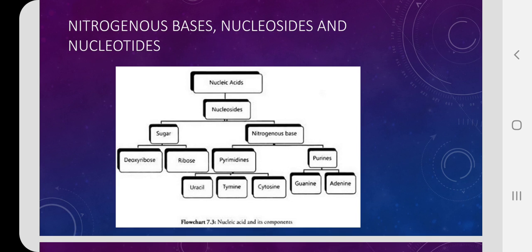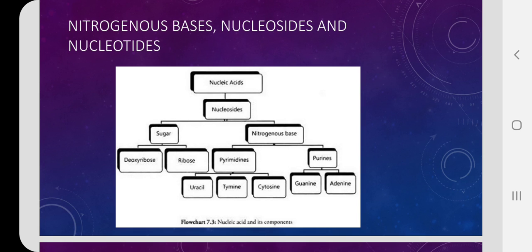Purine is of two types, which are double ringed structures, guanine and adenine, whereas pyrimidine is single ringed, cytosine and thymine. Uracil is however present in RNA. And sugar is again of two types, ribose sugar and deoxyribose sugar. In case of DNA, deoxyribose sugar is present, and in case of RNA, ribose sugar is present.